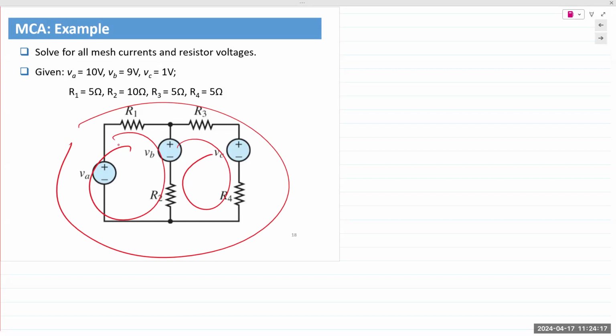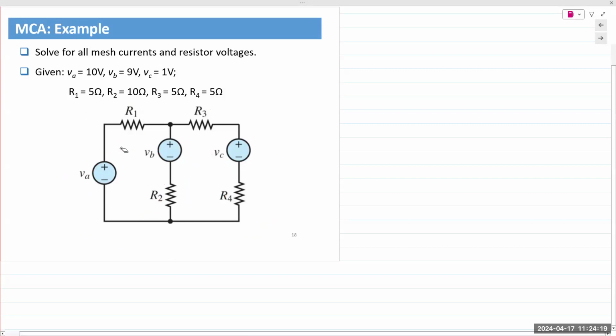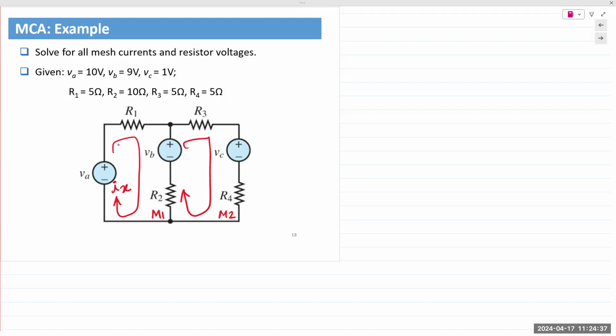Again, meshes are easier to identify than nodes. So we'll call this M1, and this is M2. We'll assign a clockwise mesh current to both and label them as IX and IY. Okay, IX and IY. I'm going to draw out mesh 1 on the right.